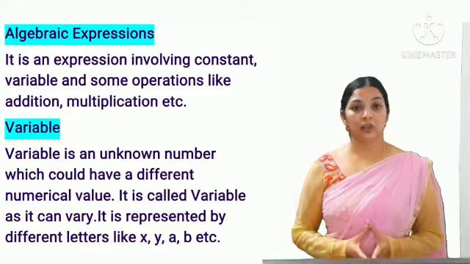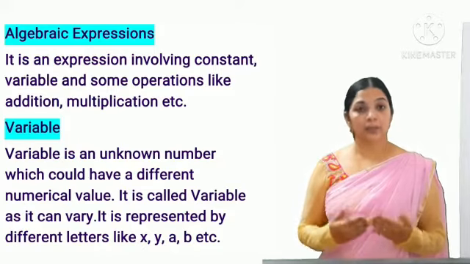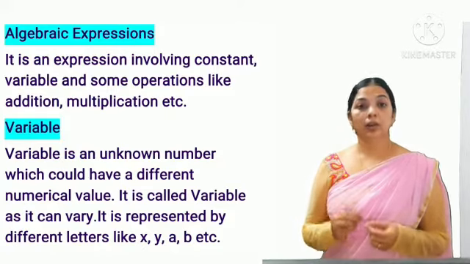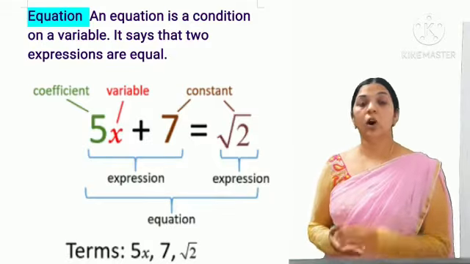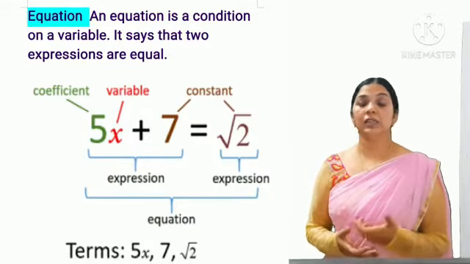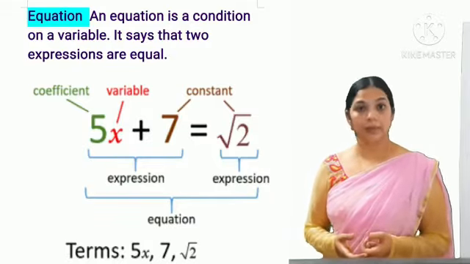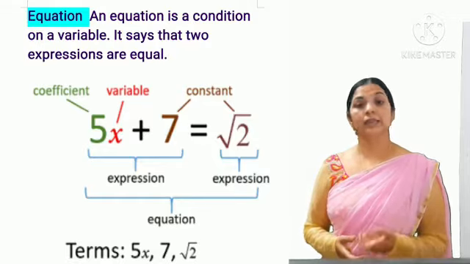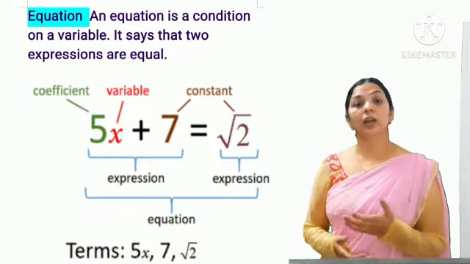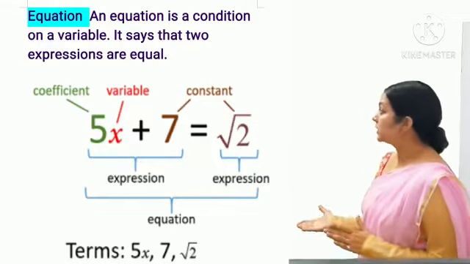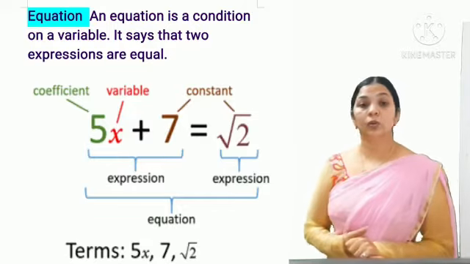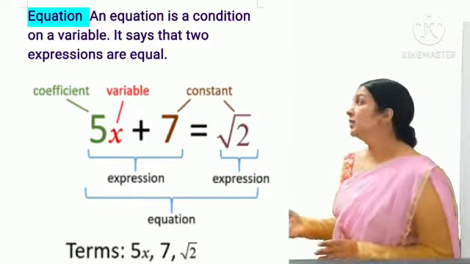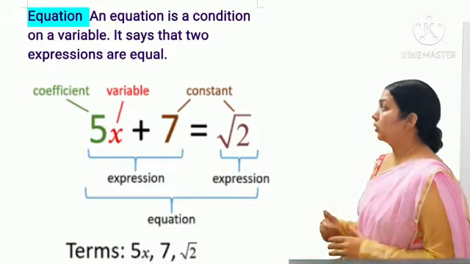Now what is an equation? When an algebraic expression has a sign of equality, it becomes an equation. Or we can say an equation is a condition on a variable. It says that two expressions are equal. Here you can see in this example that 5x plus 7 is equal to root 2. So this is an equation. Why?